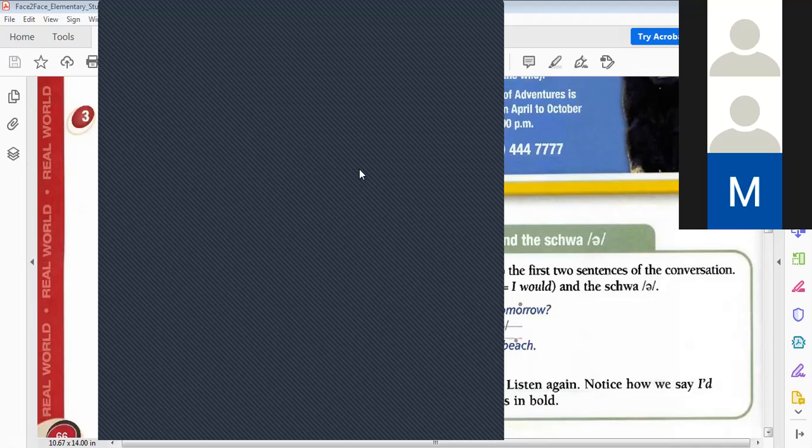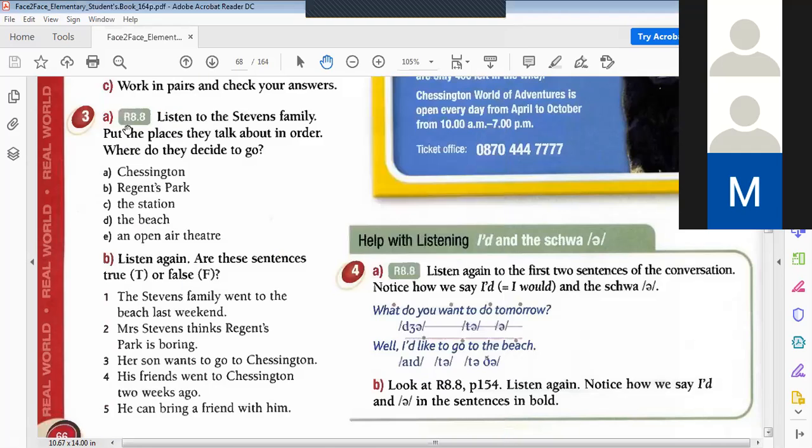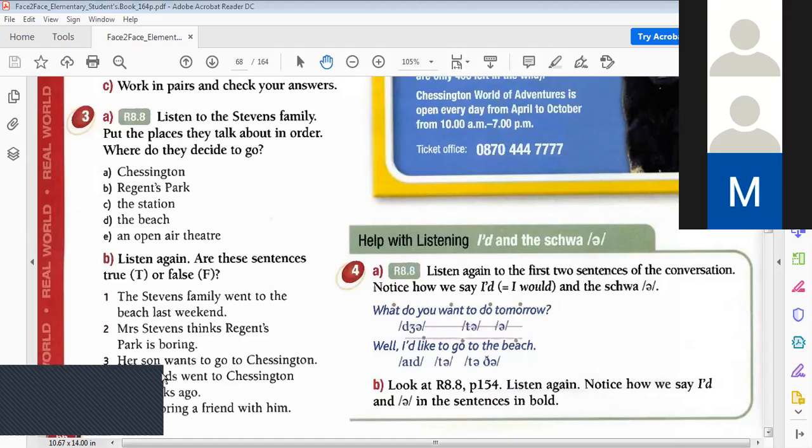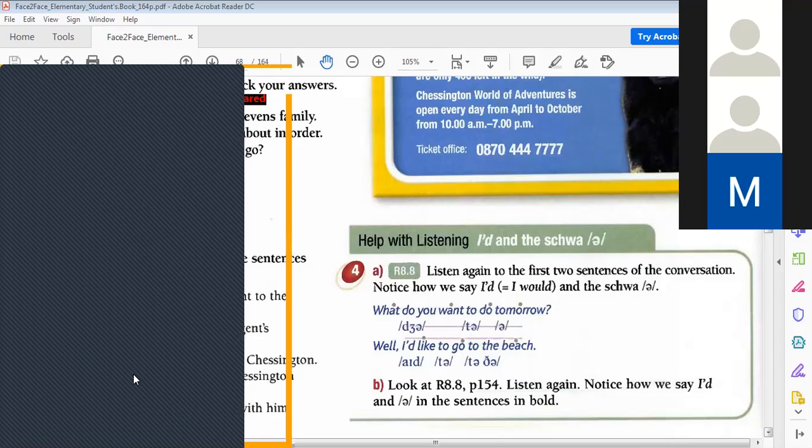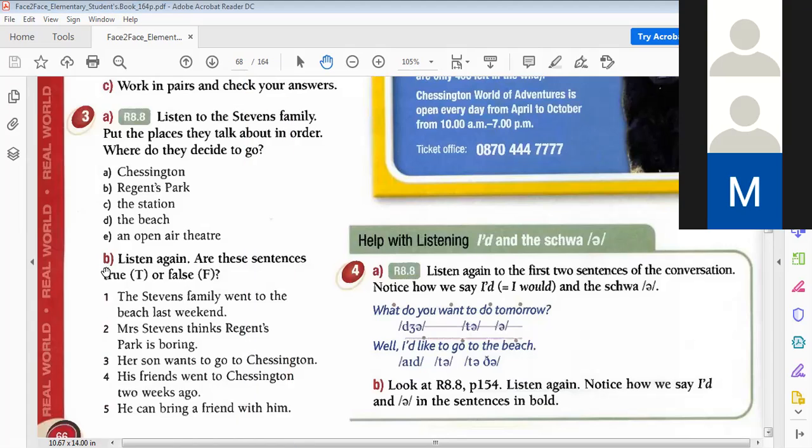We need 8.8. What's this? Do you want 8.8? Ah, this is elementary, not beginner. So I've got the wrong CD. Let me look for the elementary CD. Okay, 8.8 in the elementary CD.